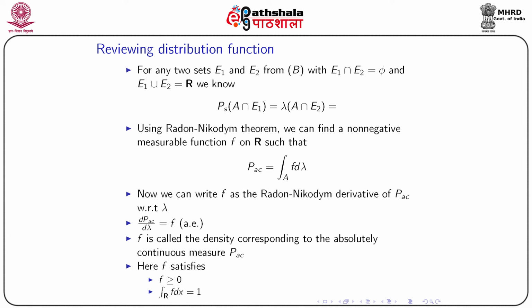So dP_ac by d lambda is my f, the derivative almost everywhere, and f is called the density corresponding to the absolutely continuous measure P_ac. Note that f satisfies the condition that f is greater than or equal to 0 and the integration over R of f dx is equal to 1.